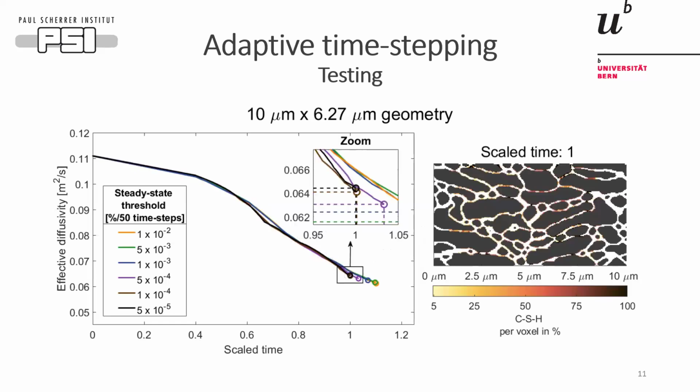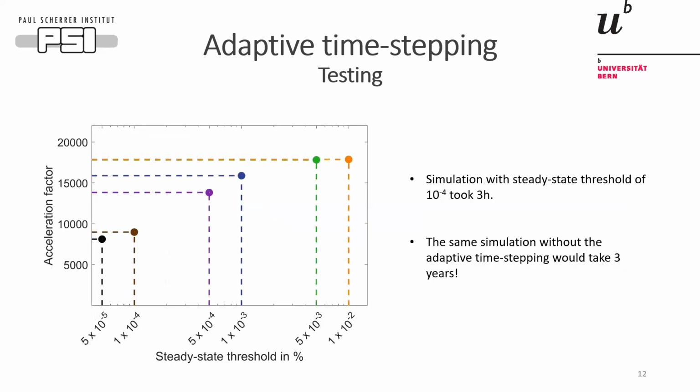Now the lower precipitation rates lead to the fact that the simulation spends more time during temporal quasi-steady states, and to skip them then also leads to higher accelerations. So here, up to 9,000 for the simulation with a steady state threshold of 10 power minus 4. So instead of 3 years, it now took only 3 hours to complete this simulation.